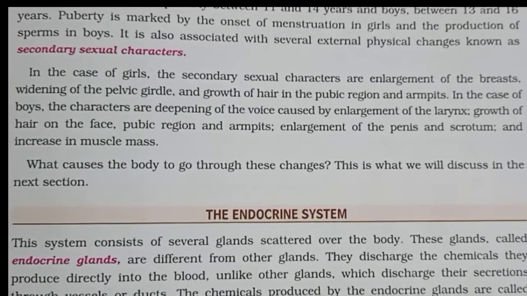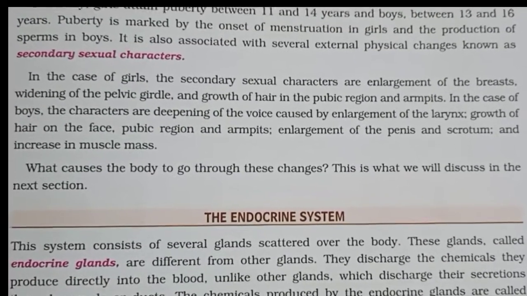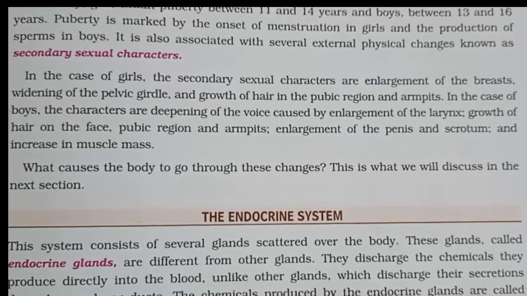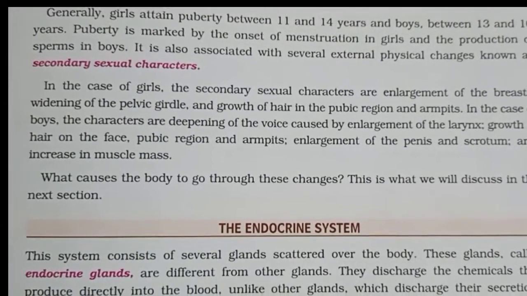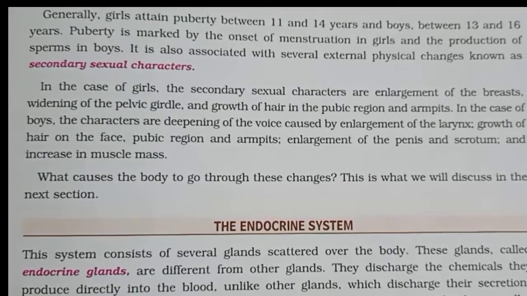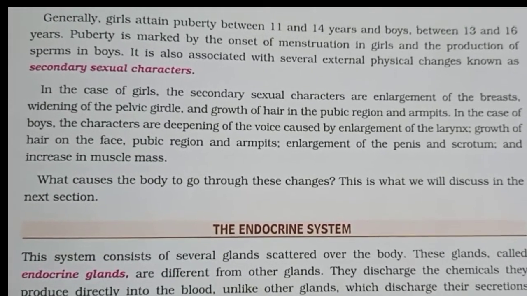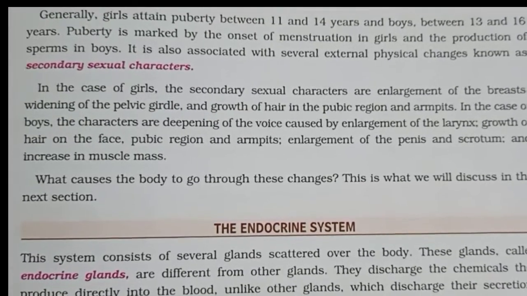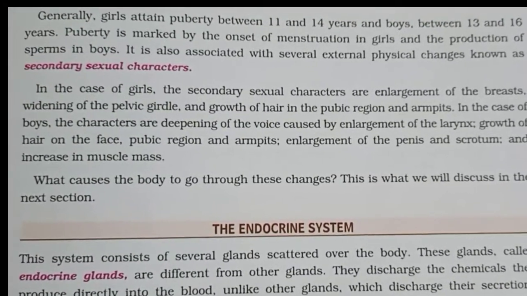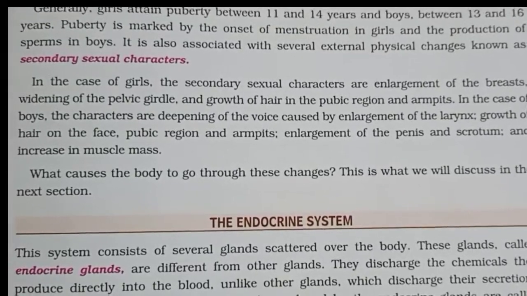Growth of hair takes place in the pubic regions and the armpits. Deepening of the voice takes place. Enlargement of the penis and the testes, increase in the muscle mass, and the testes start to make sperms.